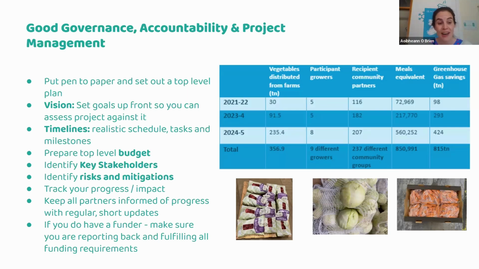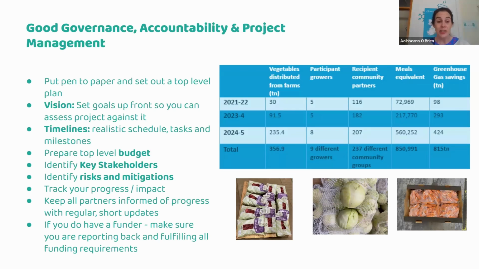Set out a top level plan and vision for what you want to achieve, and set up goals up front so that you can assess the project against it. And sometimes that's just for internal motivation. You're always going to want to improve what you're doing, and sometimes you forget where you started from. So it's important at the start to just lay out what you're trying to achieve with your project, set out the problem, the solution, and then some timelines with a couple of tasks and milestones broken down.